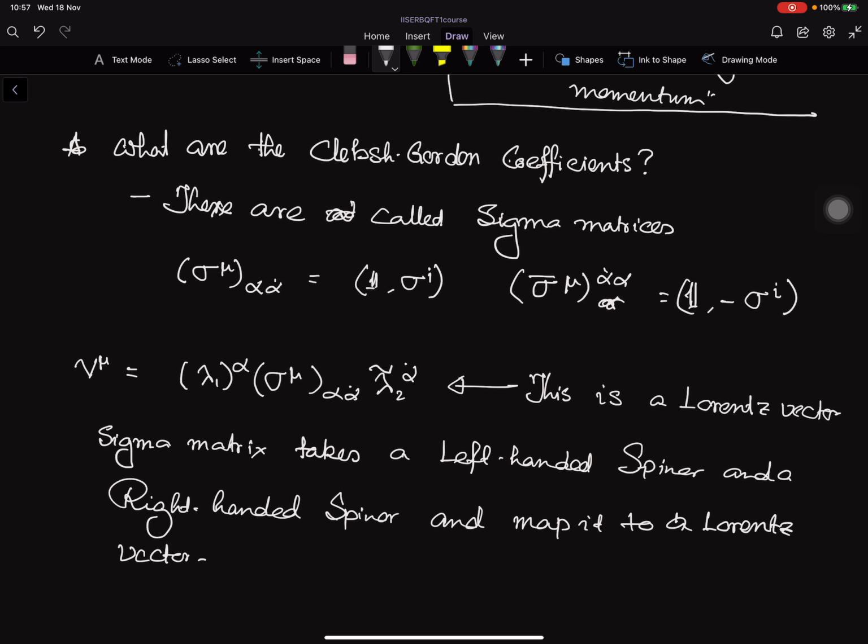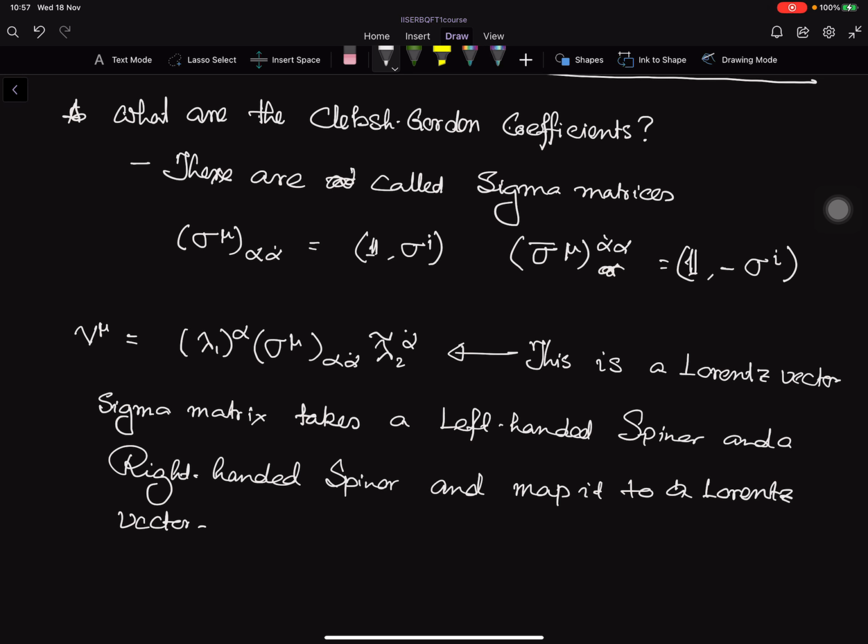That's why we call them Clebsch-Gordan coefficients. So the sigma matrix takes two spinors and maps them to a Lorentz vector.